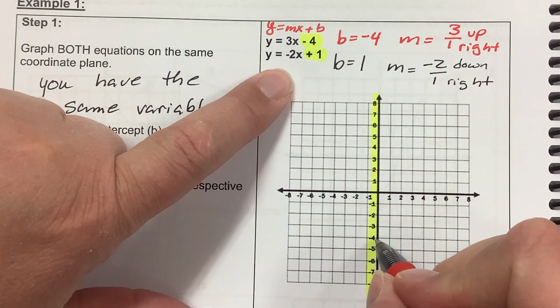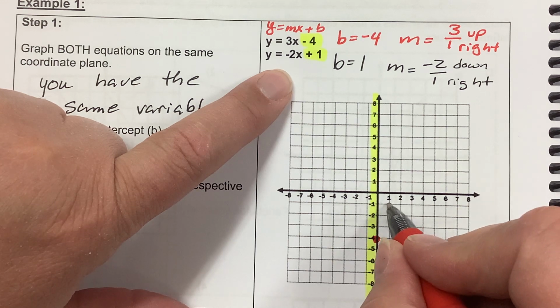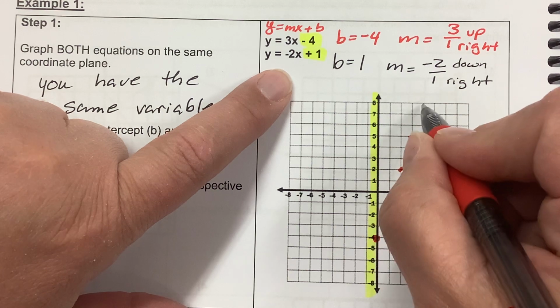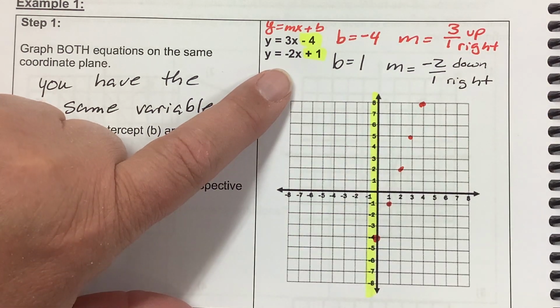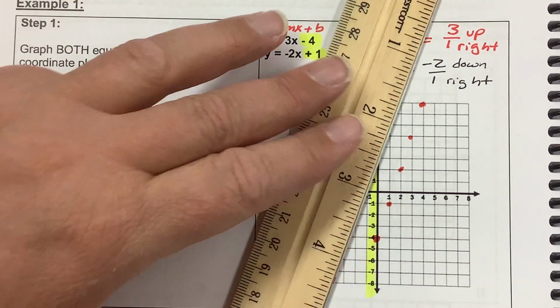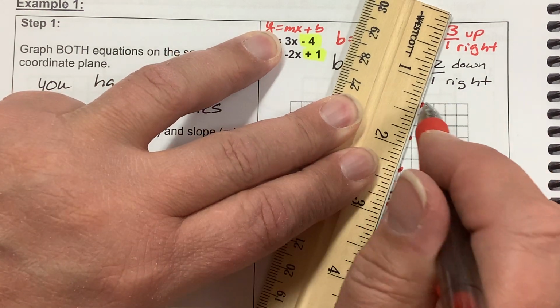I begin at -4, and then I'm going to go up 3, 1 to the right, up 3, 1 to the right, all the way across the entire grid. The reason I want to do that is because I don't know where these lines are going to cross. They might cross up here, they might cross down here. I have to cover the entire grid so that I can see where they cross.